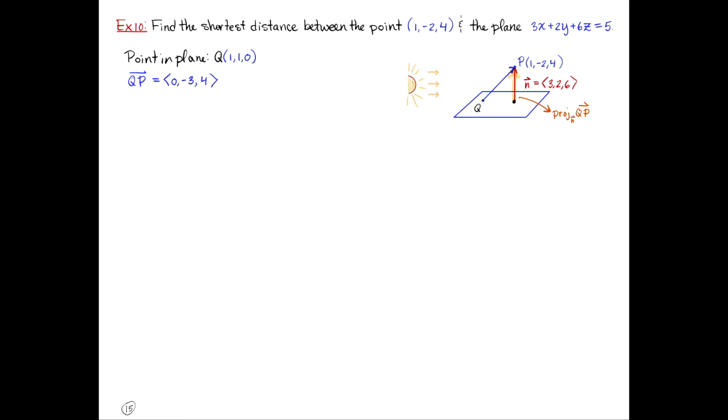Okay, so the magnitude of that is our component. So we want the absolute value since we're dealing with a distance. We want our distance to always be positive. So the absolute value of the component of QP onto the vector n.